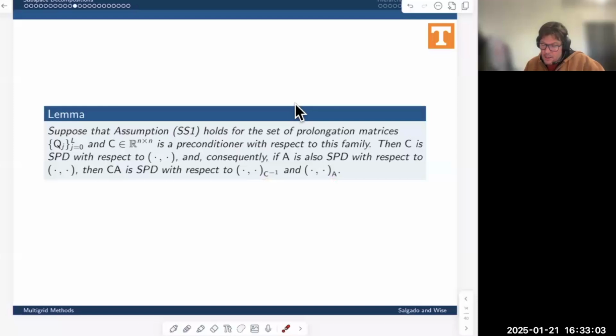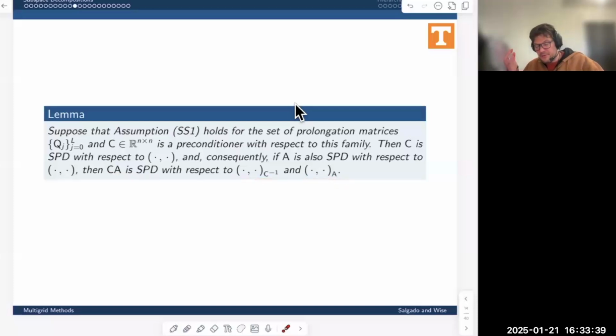If you recall a few facts that we proved way back in chapter 1 and discussed again in this chapter, if we know that C is SPD, which we're not going to prove because it's a fairly straightforward proof, then if I multiply the two matrices together, C times A, the product is no longer symmetric with respect to the canonical inner product. However, it is SPD with respect to these two inner products, either one of those two that you choose.